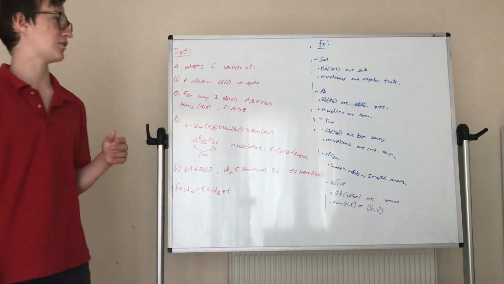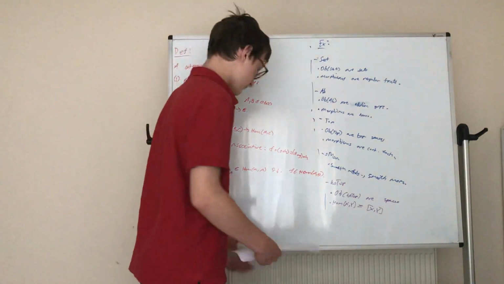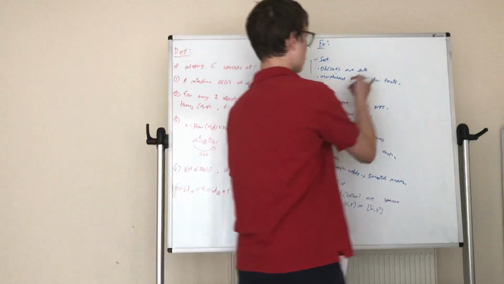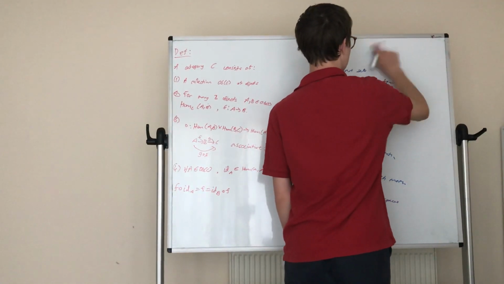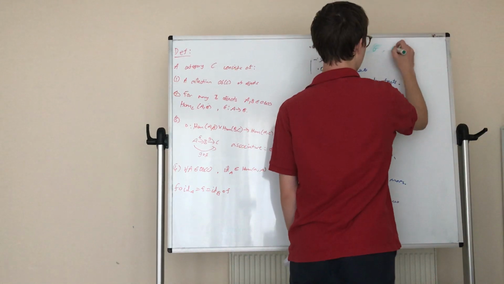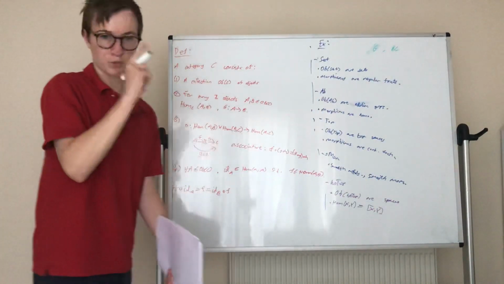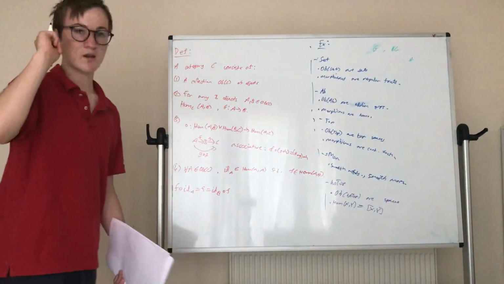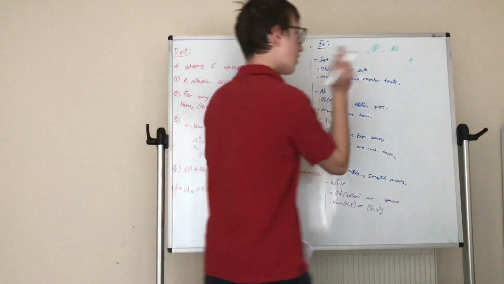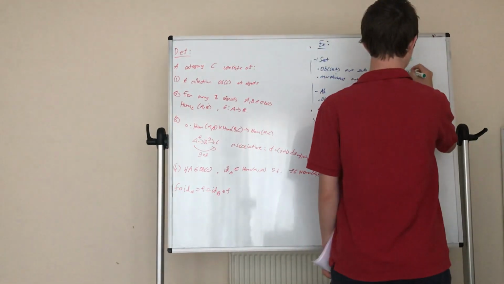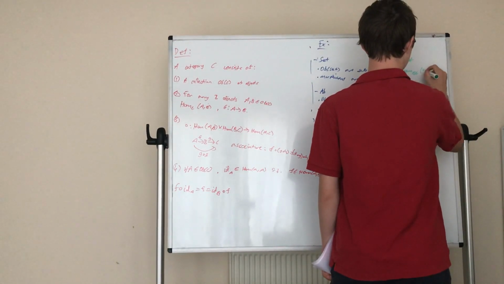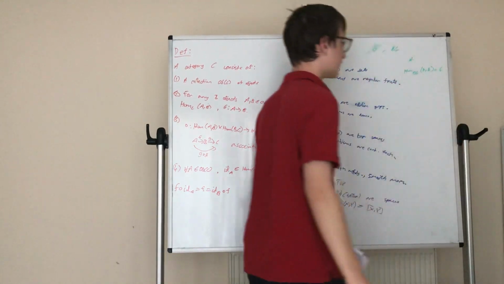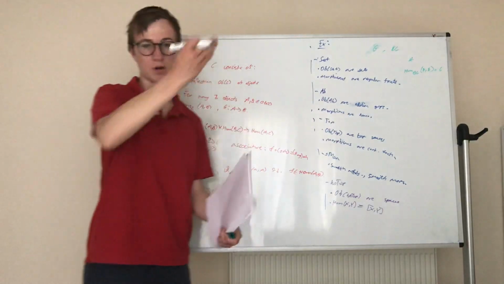So what I mean by this is, for any group G, we have a category BG. It only has one object, we'll call it star. The hom between this object and itself is equal to the group itself, and composition is the group operation.